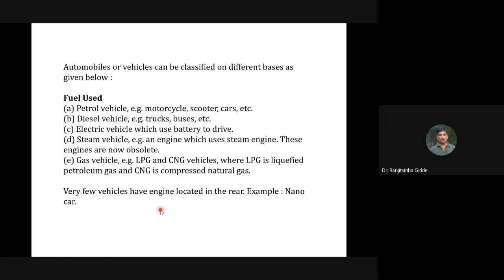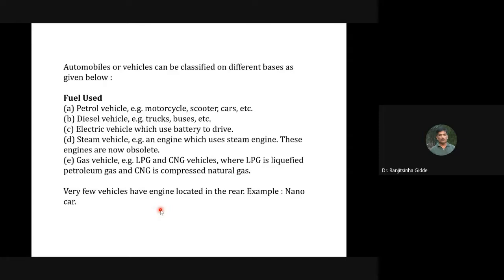But nowadays that is becoming obsolete, and some car manufacturers are manufacturing their cars with the petrol version only. Then electrical vehicles.